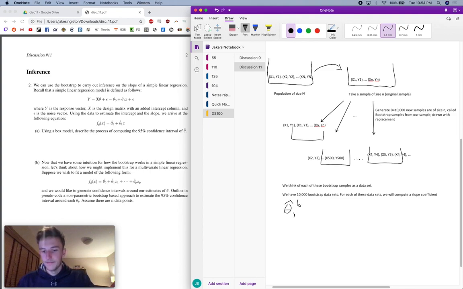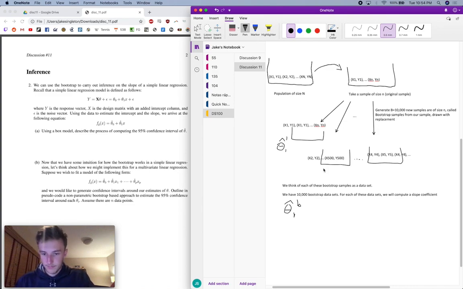Remember, this b is not an exponent. For example, if this right here is our first bootstrap data set, then for this data set we calculate theta 1, 1.